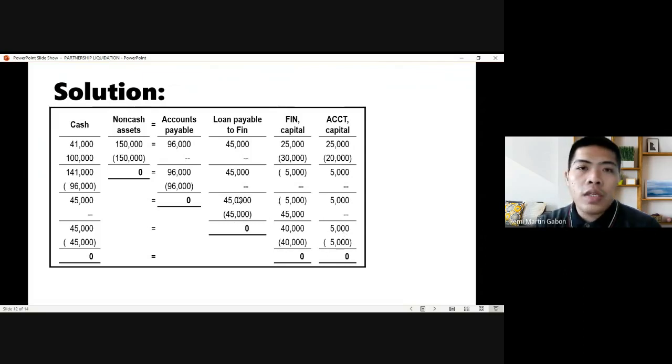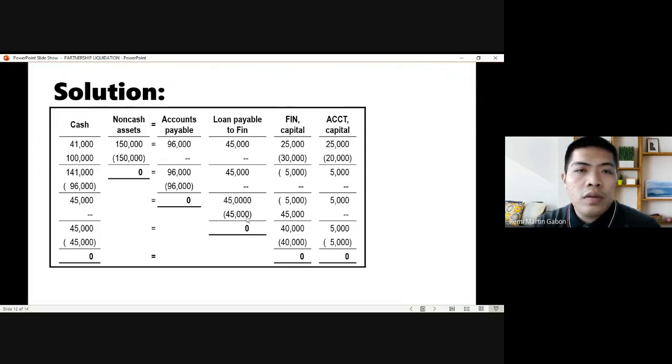Then after considering the offset, take note that settlement of this offset will not directly affect the cash. It will not affect the cash, which is why we have no negative 45 here. So only elimination of the loan payable, just transferred here. Then consider the settlement of accounts payable of 96,000. So this is deducted from 141,000. The difference is 45,000.